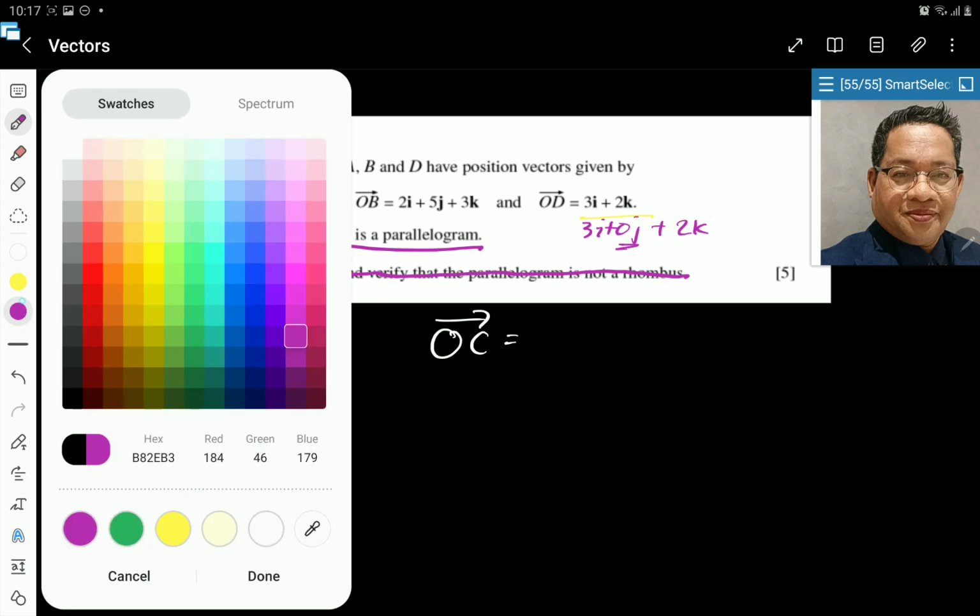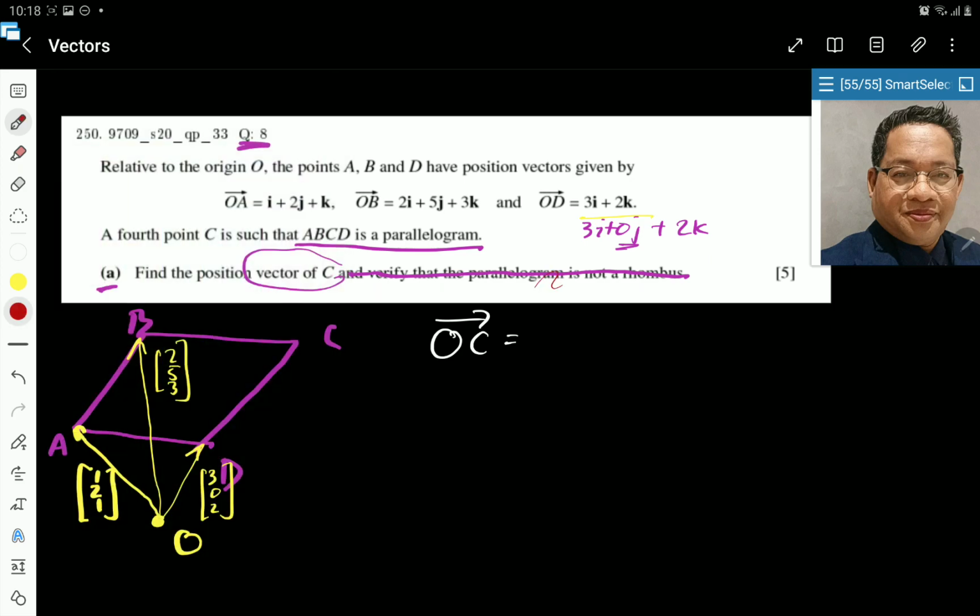I'll take another color. I can go from O to A, plus AB, plus BC. So that's going to be my way.